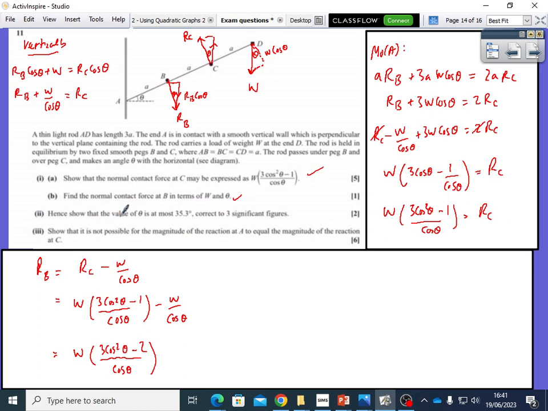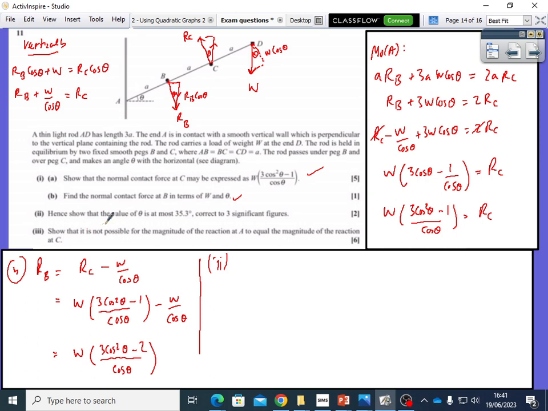Hence, show that theta has that value, to 3 significant figures. So part 2, let's do that here. That was part B. So part 2. We've been told, when is that going to be? Well, we know that the reactions are going to be greater than or equal to 0.